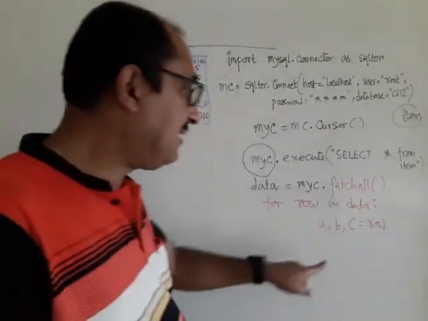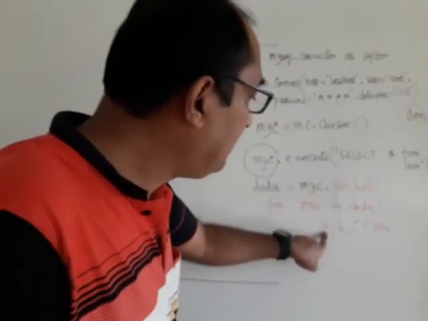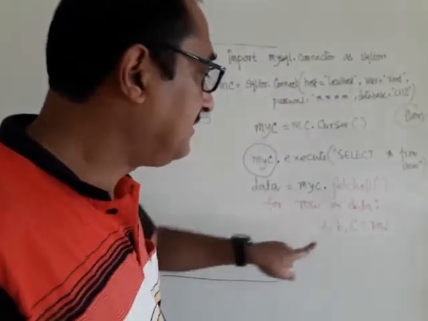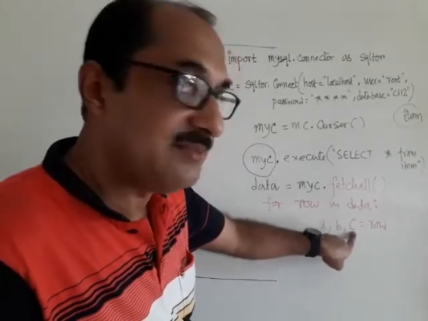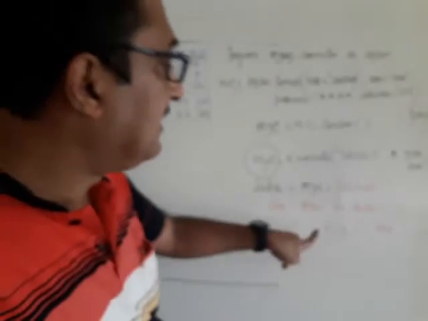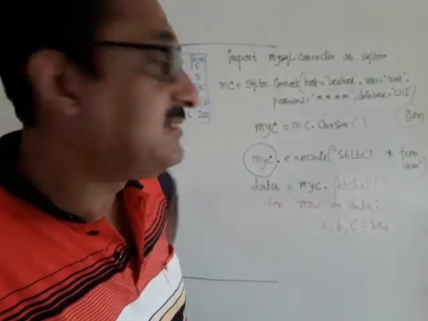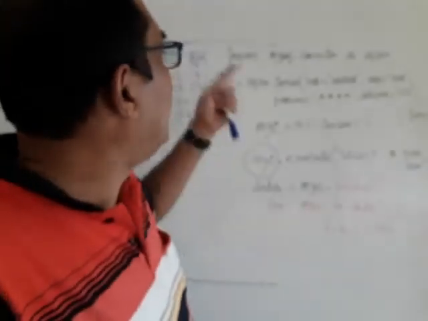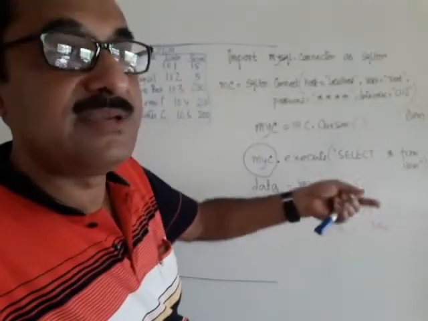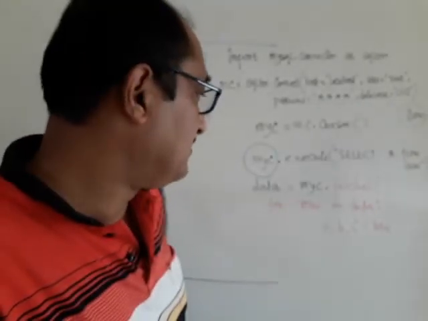Every element of the tuple will be separated, and here we have taken 3 variables because there are 3 elements. So all 3 data can individually be viewed now through A, B, C. That is the advantage here. If you want to manipulate this data for any purpose in the Python program, you can make use of it.